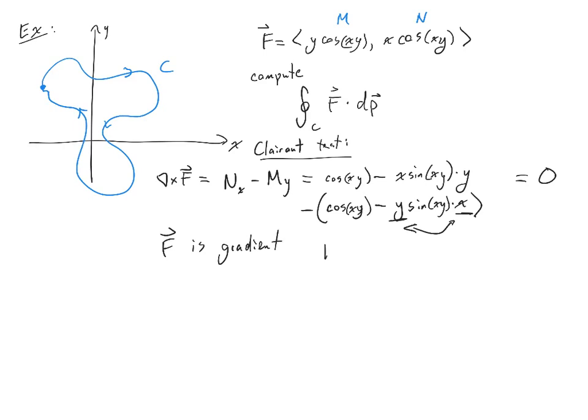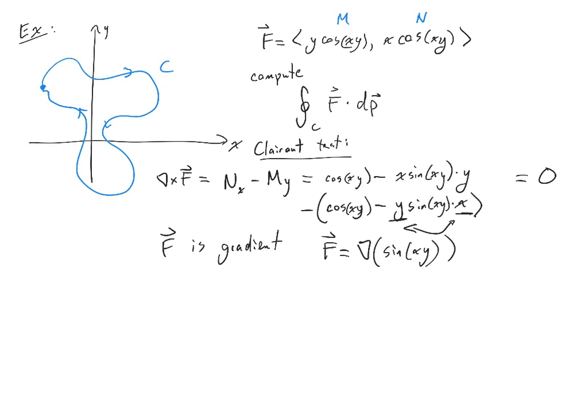In fact, f is the gradient, you can sort this out, of the function sine of xy, which isn't super surprising, because I see these cosines showing up in both cases.